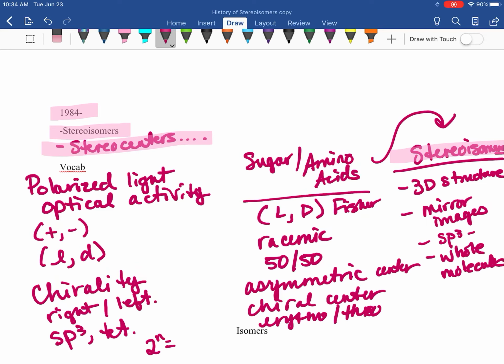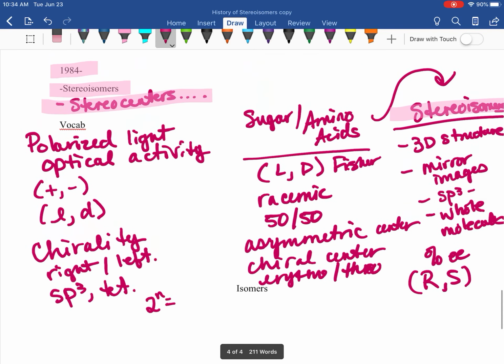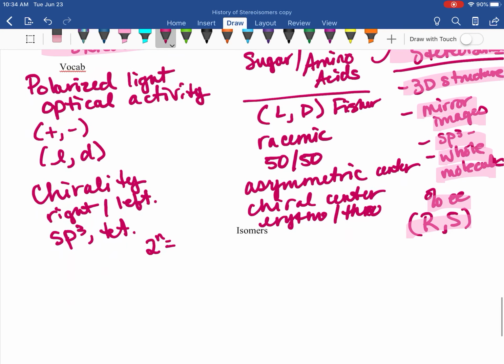And even bigger, we have gotten into something called a percent ee. Let's describe that in just a second. And we're, of course, going to use that R and S system starting from the 1960s. So the vocab I will be focused on will be a lot of this. Okay, we're still going to see all that older vocab. They're all meaning very similar things.